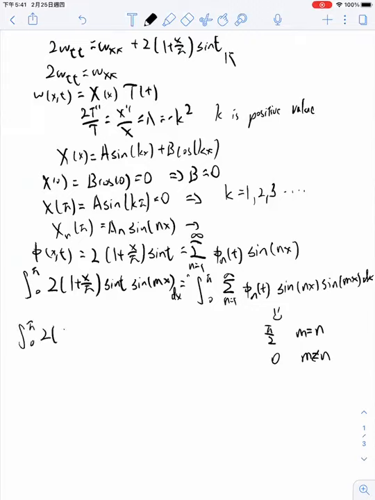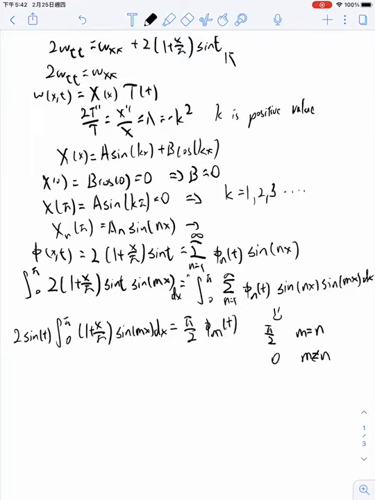So now the function becomes this. And then what we're going to do is solve the integral. So the integral has a form like this.